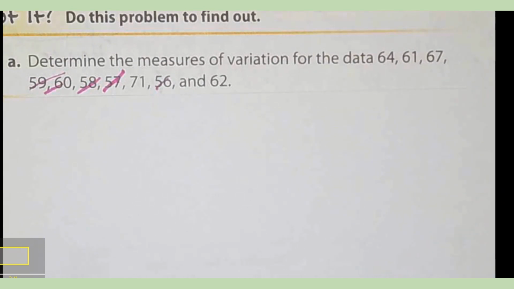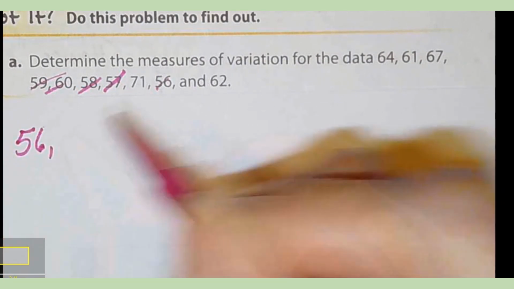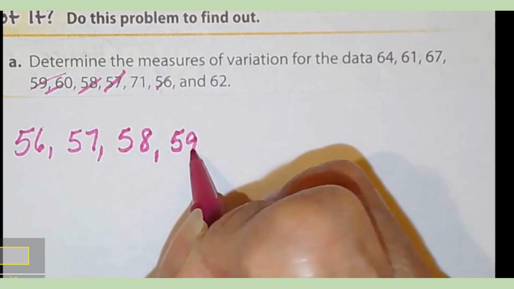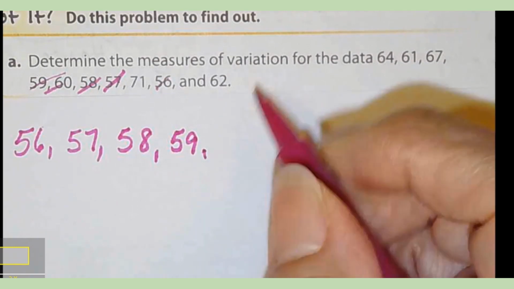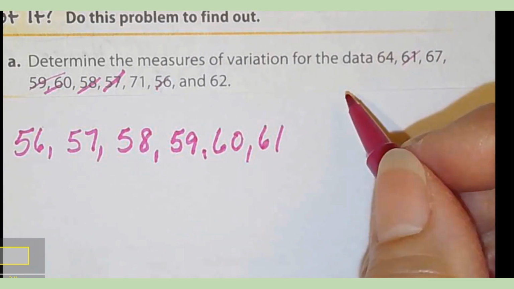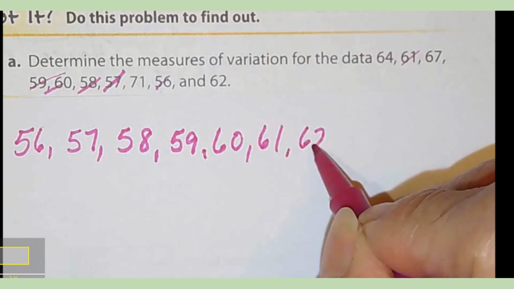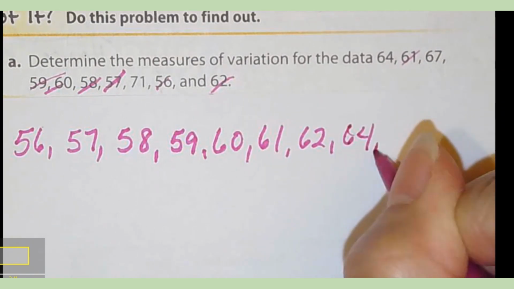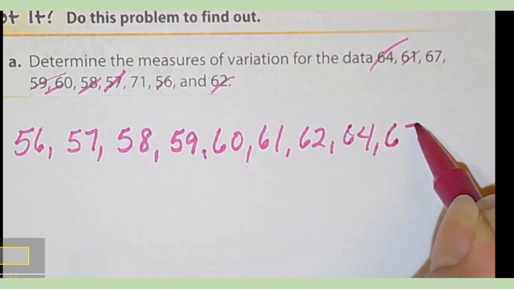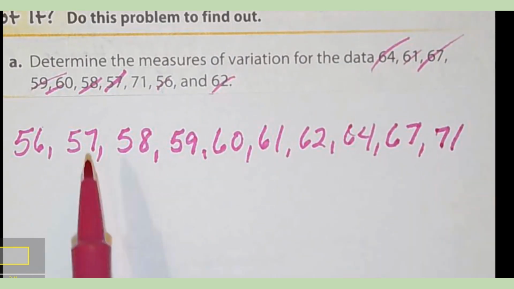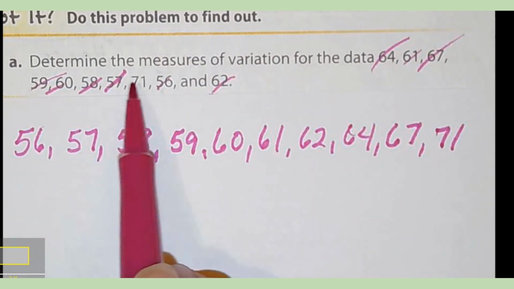Let's redo them again. Okay, I have 56, 57, 58, 59, 60, 61, 62, 64, 67, 71. 1, 2, 3, 4, 5, 6, 7, 8, 9, 10.